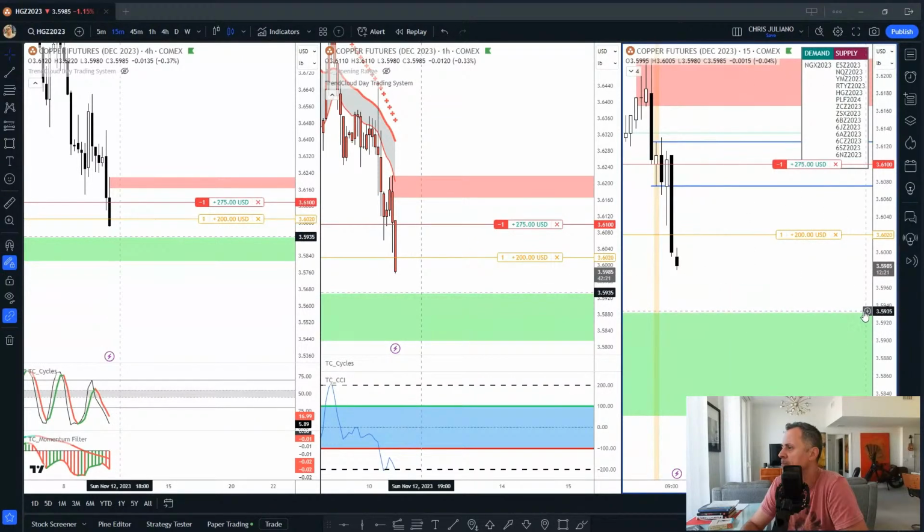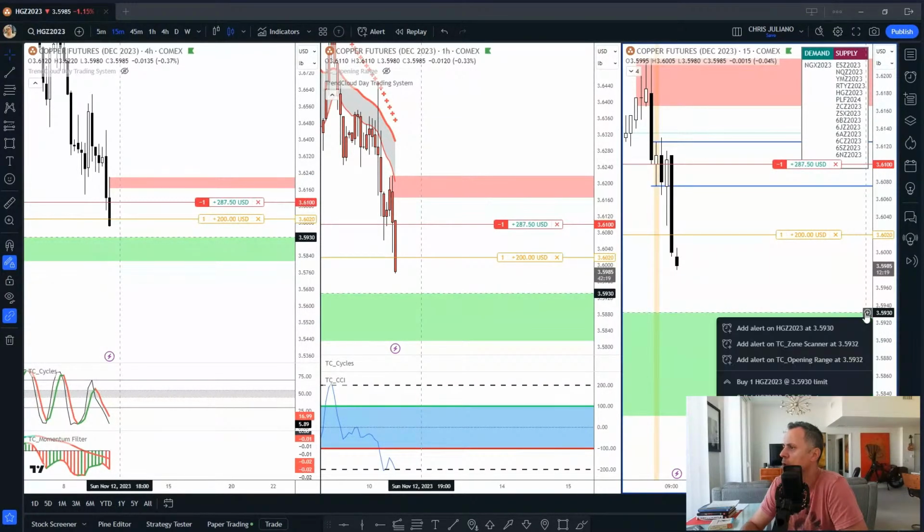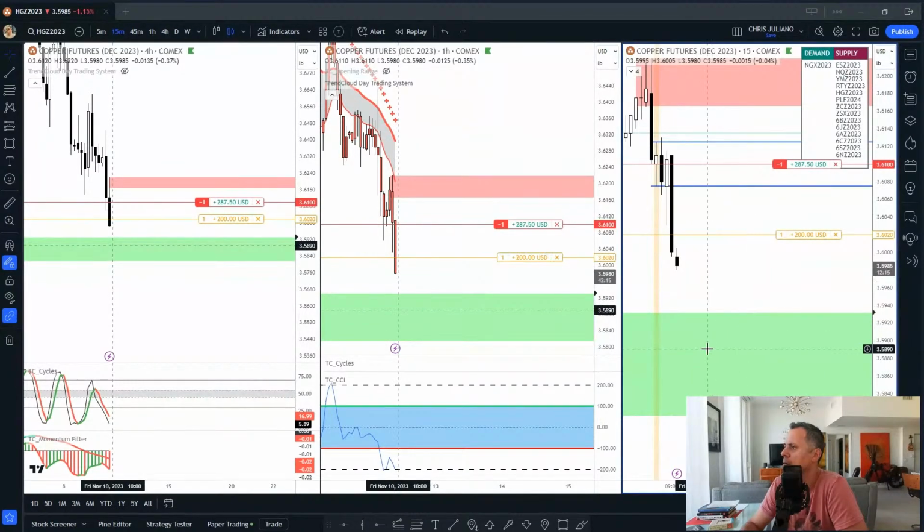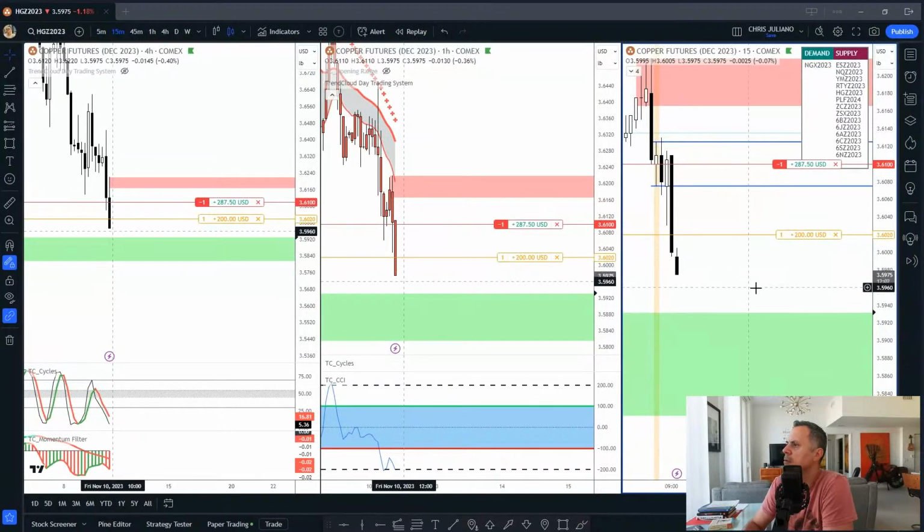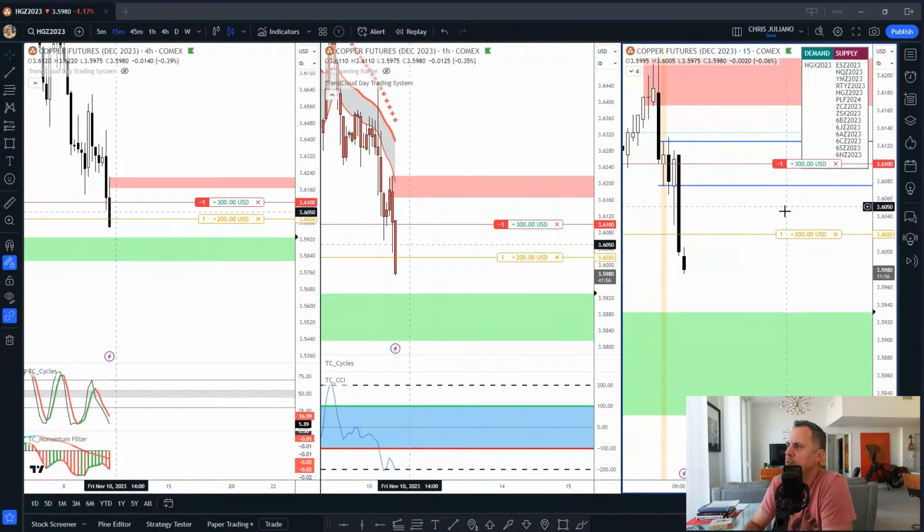I'm going to put an alert right here to remind us that... come on, TradingView. Wow, TradingView is really messing up today, isn't it? $300 in the green.